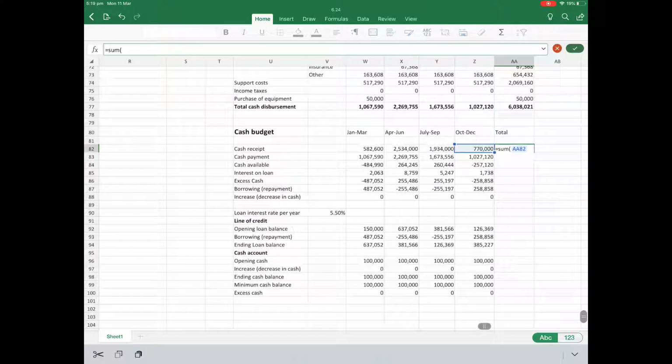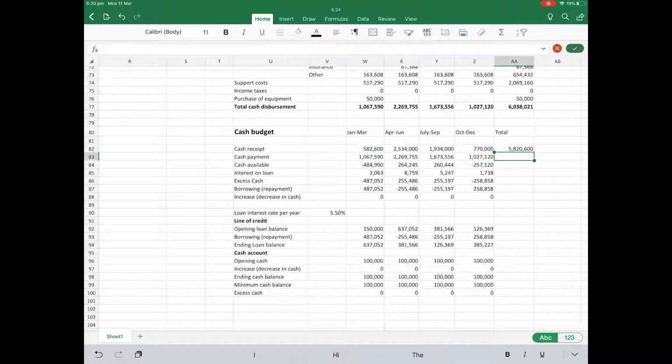So from here you can make the total. So you have the sum. You copy this, you paste all the way through.